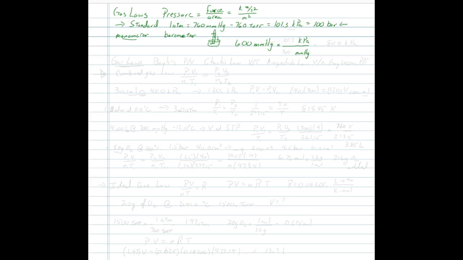So 101.3 kilopascals from up here, over 760 millimeters of mercury. Do the math. Millimeters of mercury cancels by dimensional analysis, and you get 80 kPa. So using any of these up here, you can convert from one to the other.